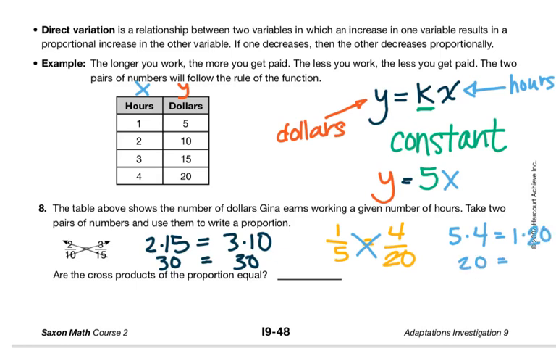Well, 20 does equal 20. So the cross products of the proportion are equal. Yes, they are equal. And so that's another way to prove that this is a direct variation.